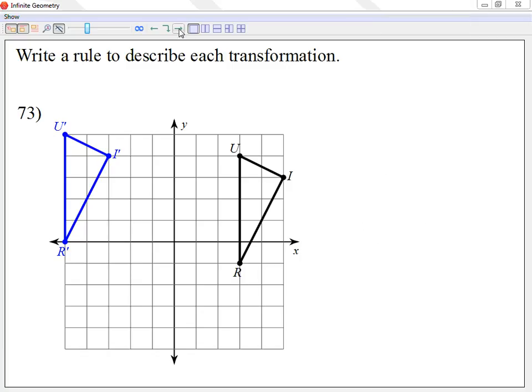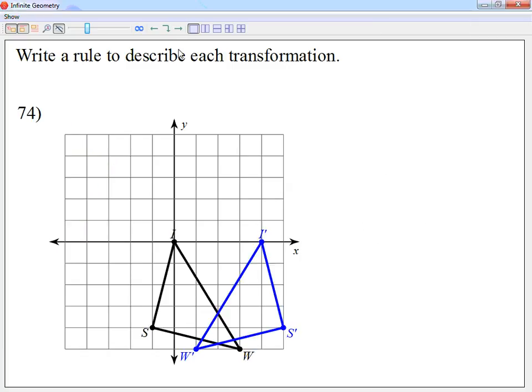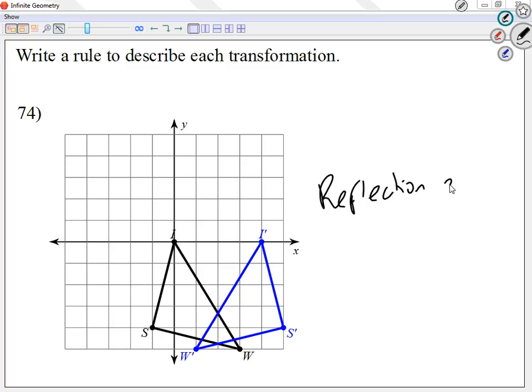Let me find an example of reflection, number 74. You guys can see how it gets reflected, right? Because one of them flips onto the other one. For reflection, we need a mirror line. So I'm just going to begin by saying reflection across... I need the mirror line. For me to know the mirror line, I look at my I and I prime.